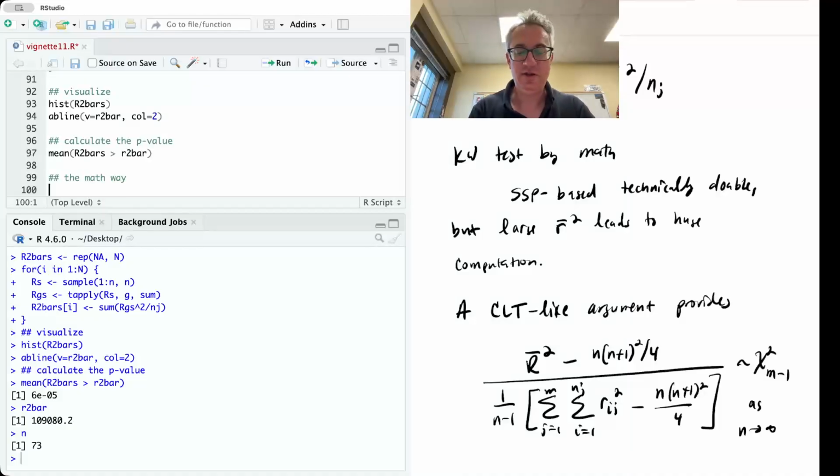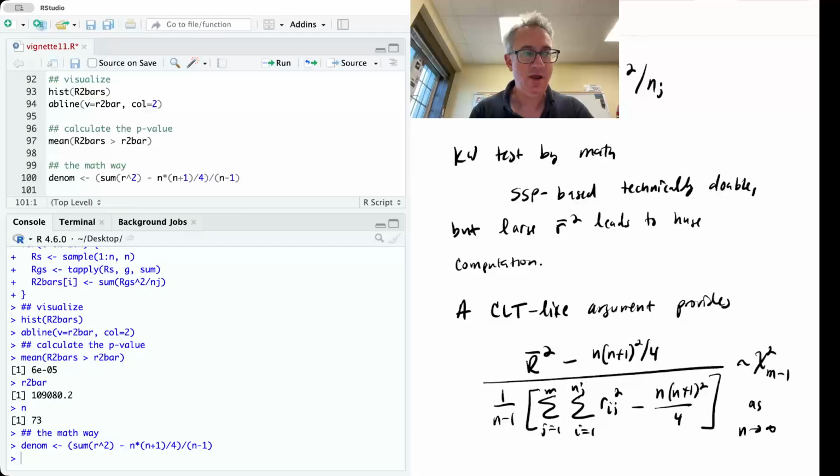So let's do this one step at a time. The denominator is going to be the sum of our squared values. So that's how we get the double sum. We've already got all the ranks, right? So we just need to square them and add them up. And then take off this n times n plus 1 over 4 thing. And then we need to divide that whole expression by n minus 1. So that's the denominator.